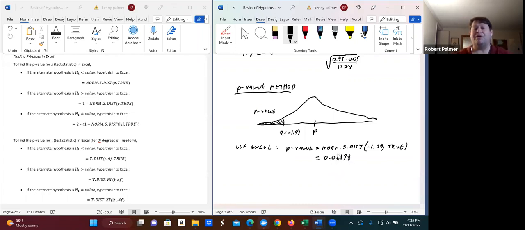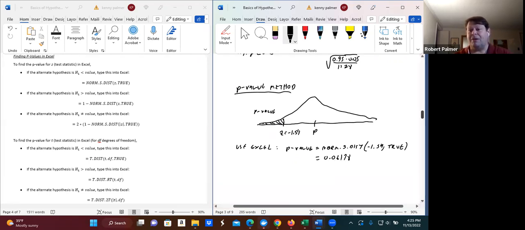So that is the area to the left of our test statistic Z. Basically, the probability of being in this region is about 6.1%, 6.2%.